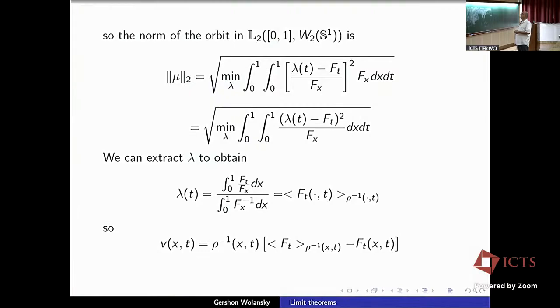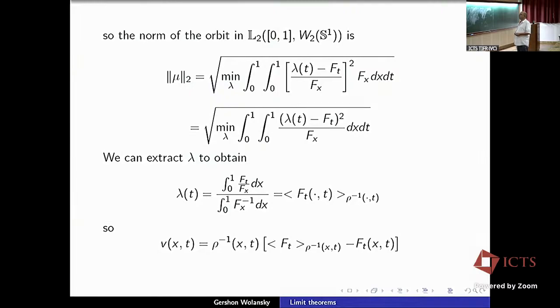So f squared is reduced here, and we can easily obtain that the lambda which gives us the minimum is just this quotient: the integral of f_t over f_x, over the integral of 1 over f_x. So 1 over f_x is 1 over rho. What is this?